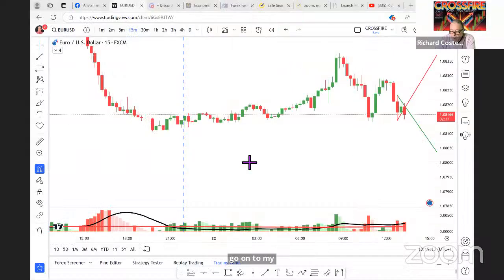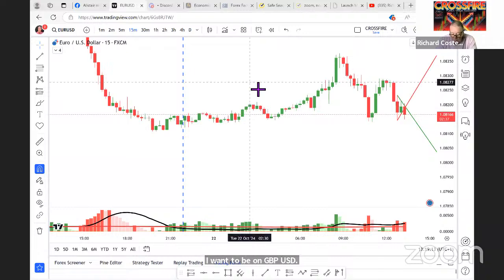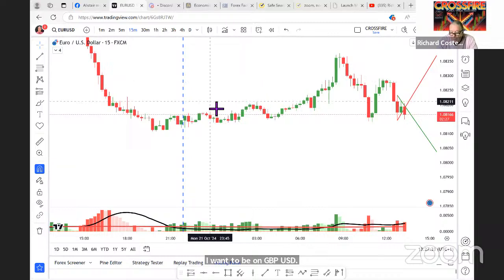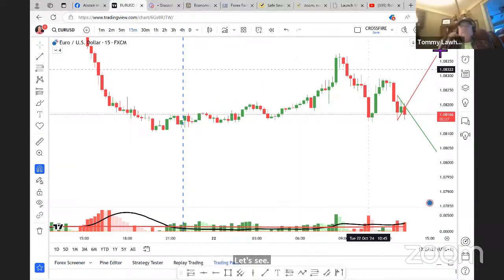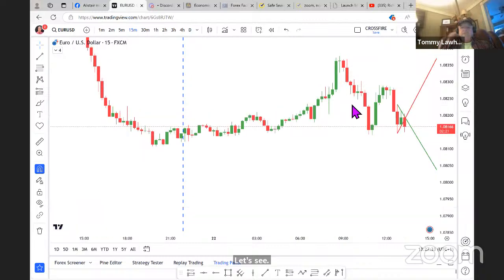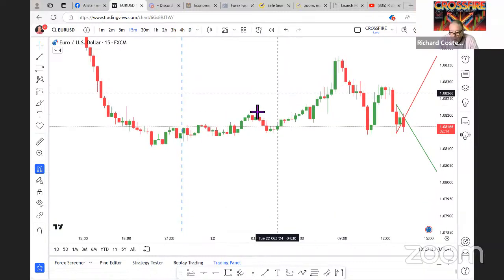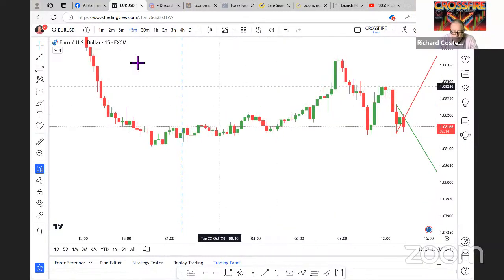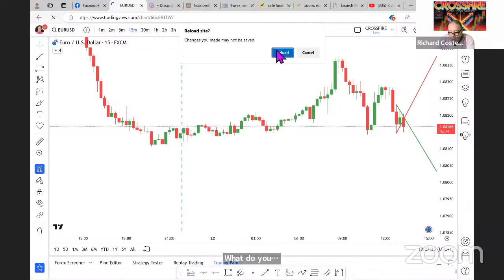I want to be on GBP USD. It's not working properly. Maybe I just need to reload that. Yeah, I'm going to reload that.